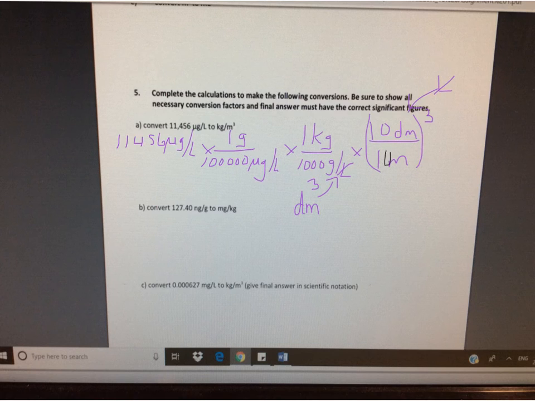The 10 decimeters goes on the bottom, and the 1 meter goes on top, because meters are bigger than decimeters. And that's why these cross out, because this is grams per liter times liters on the bottom there. And so the liters will cross out like that, okay?